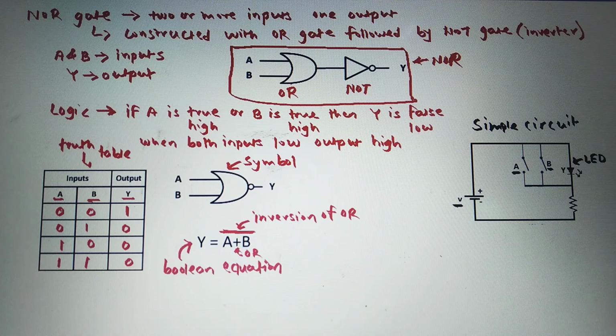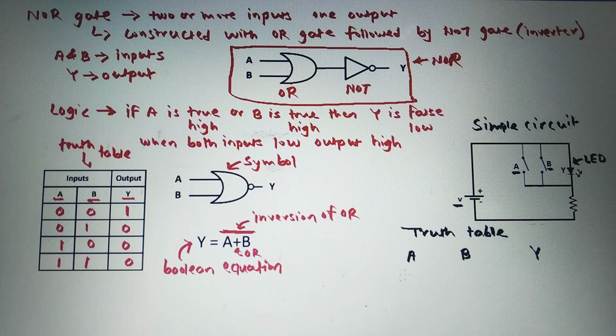Now we can write the truth table for this simple circuit of NOR gate. We are using switches as inputs, so A and B are the inputs, and this LED, that is Y, as output.